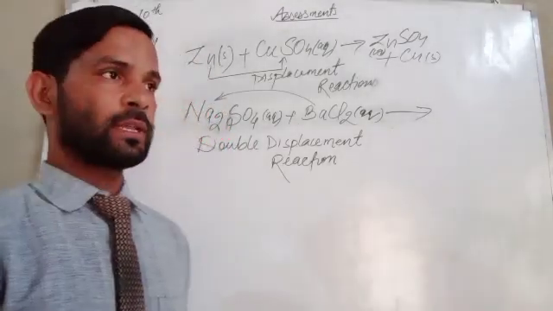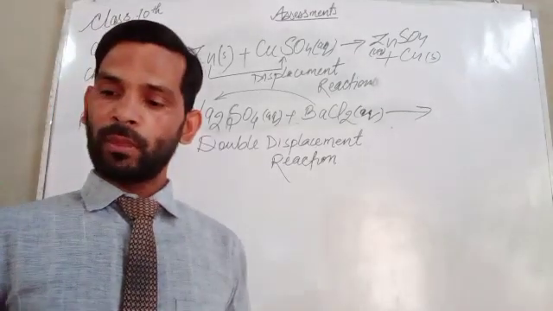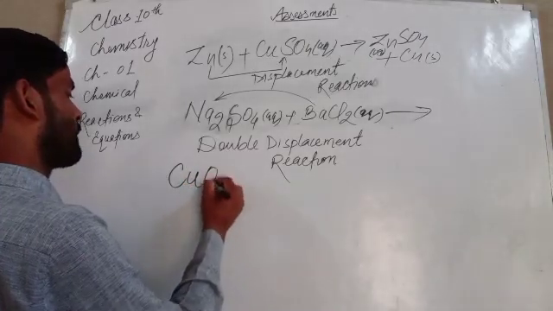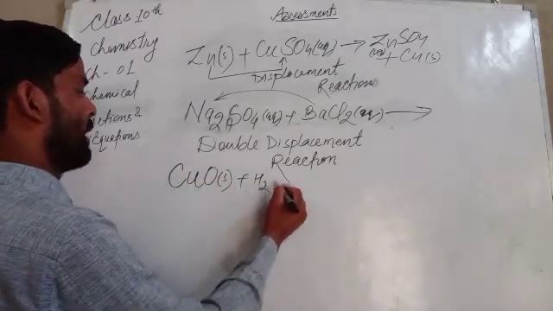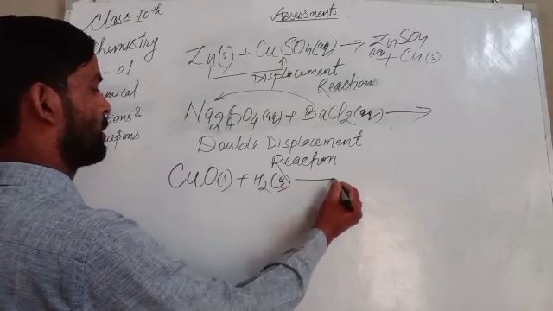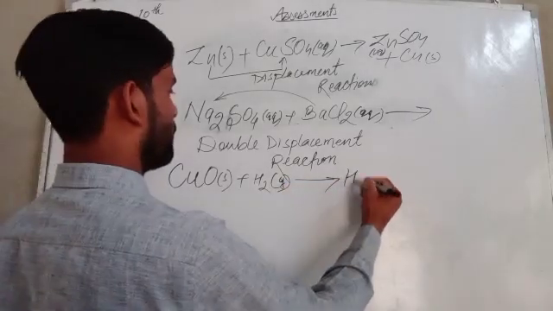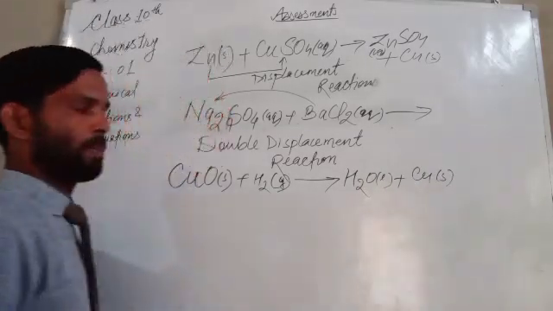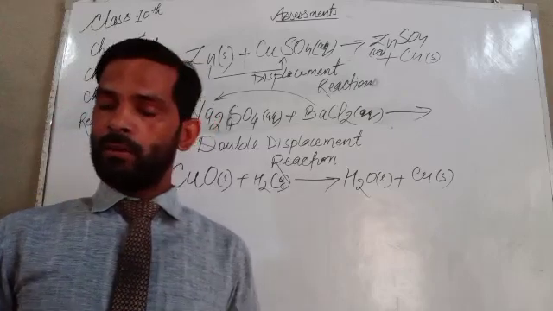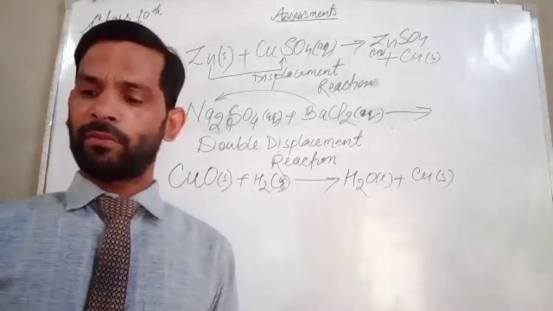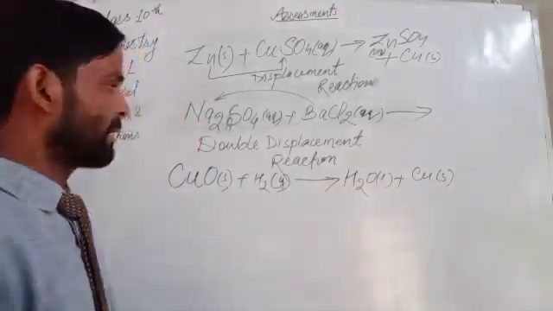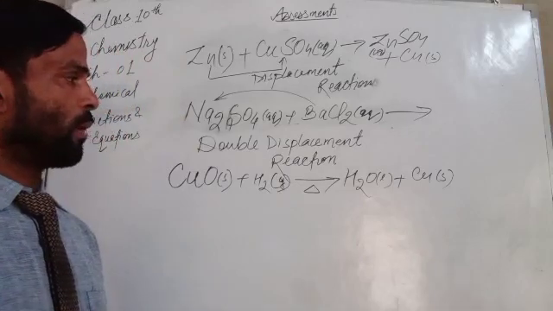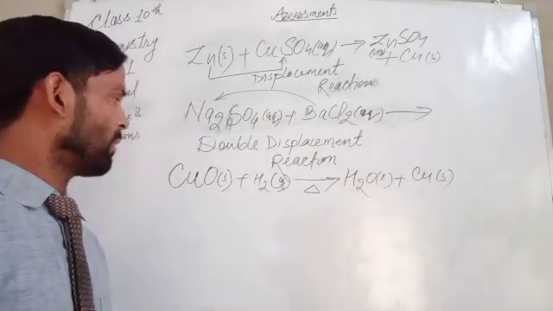Now we have to move on to the next one, that is copper oxide plus hydrogen will form water plus copper. When the copper oxide reacts with the hydrogen gas and is heated, this will break into H2O, water molecule, and copper in the form of a solid.